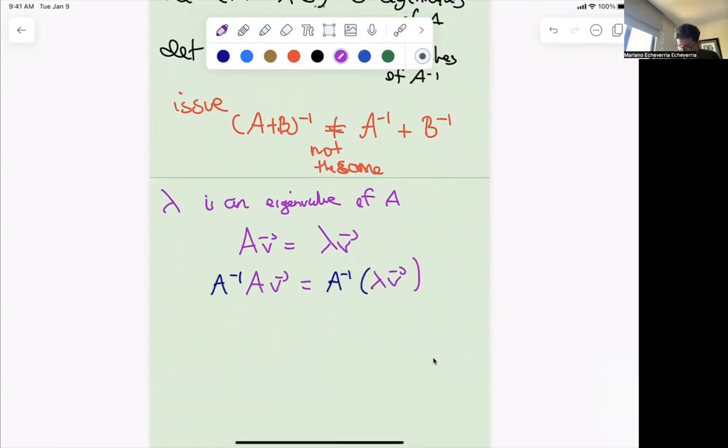What happens here is that this is already the identity, so you don't have to keep writing it. And lambda you can take out of the multiplication because it's just a constant. So that says that 1 over lambda times V equals A inverse times V.